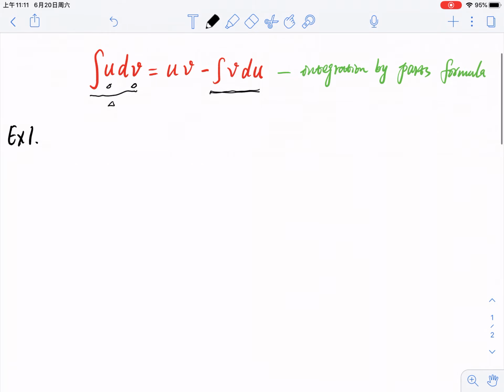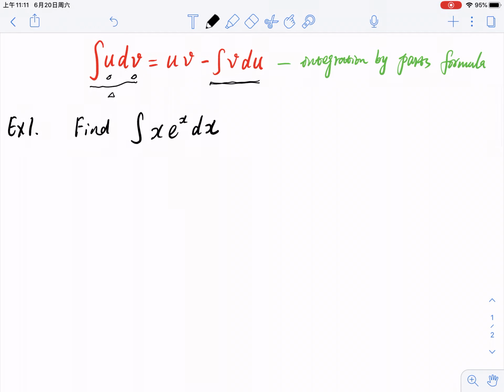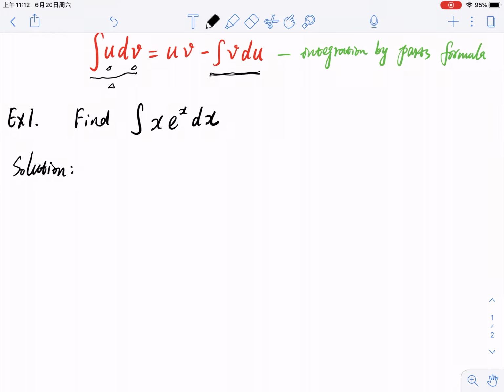Example 1. Find the integral of x e^x dx. We want to choose u and dv so that this integral has the form of the integral of u dv.